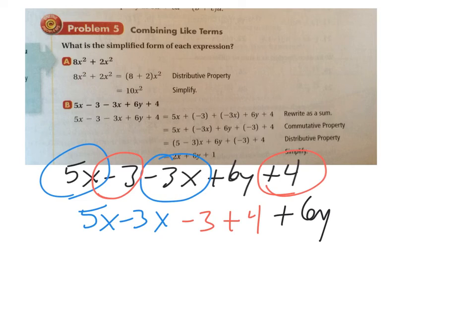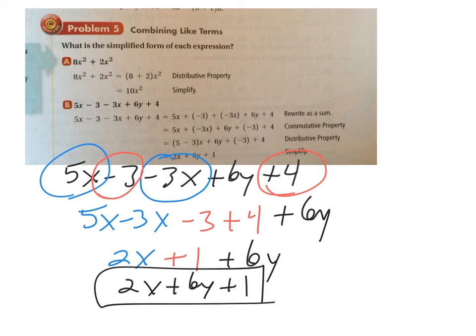Combine like terms, we're going to have 5x minus 3x is 2x. And then we have minus 3 plus 4 is plus 1, and bring along that 6y for the fun of it. Now if you were to put this in standard form, it would be 2x plus 6y plus 1 would be the simplified form.